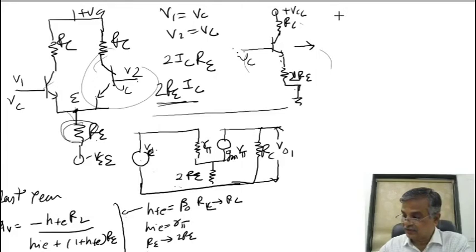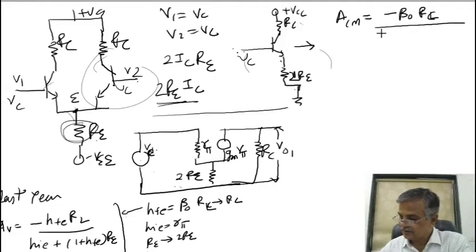So we will get the equation for the common mode gain: minus beta 0 RC upon R pi plus 1 plus beta into 2RE.